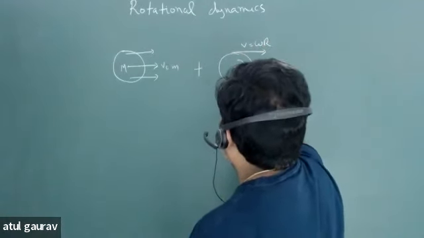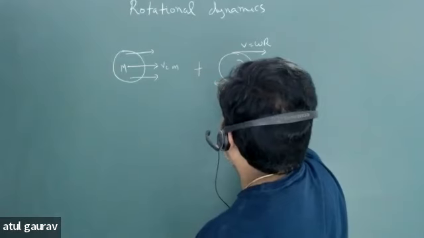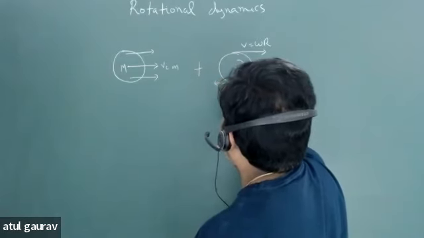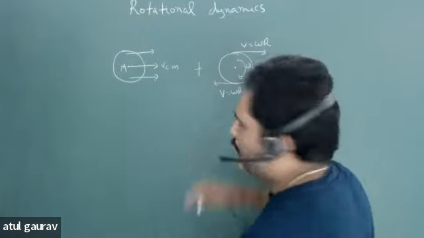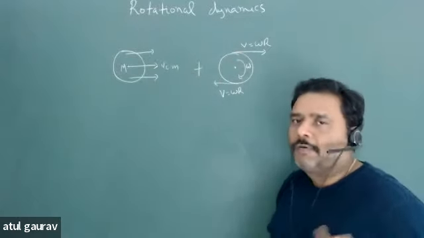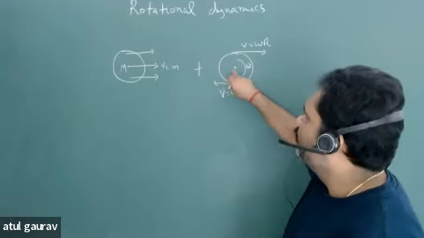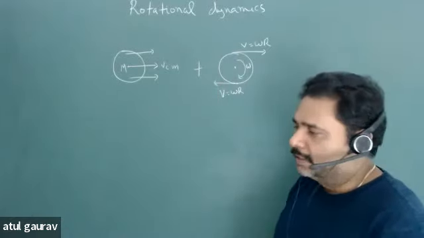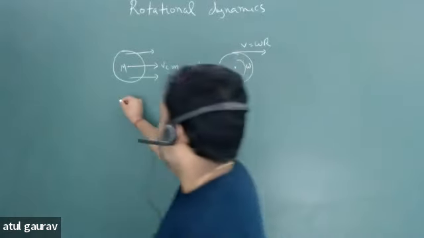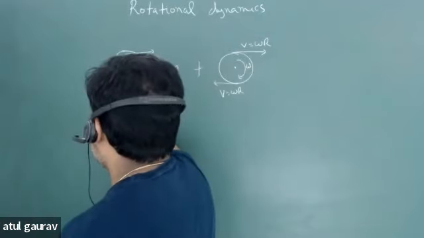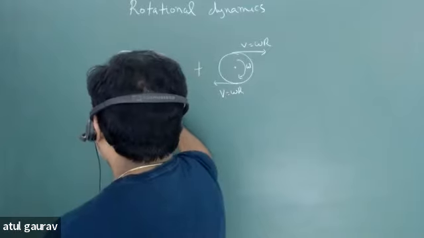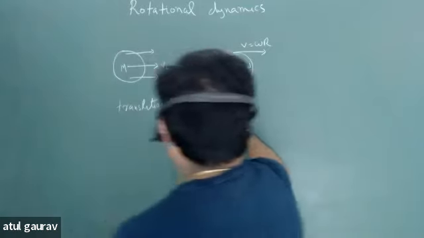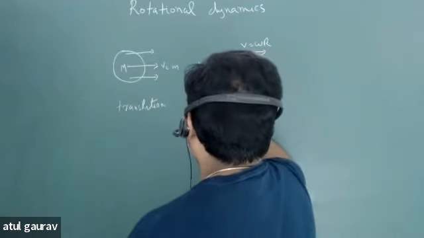At this other point, again V is equal to omega r. These two points are moving with the same speed but in opposite directions, and the center is virtually at rest. So this is pure rotation. This is known as translation, and this is known as pure rotation.